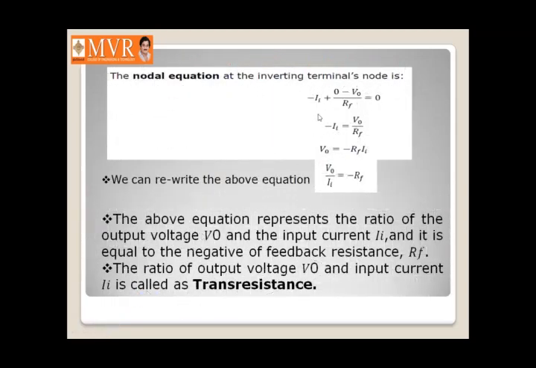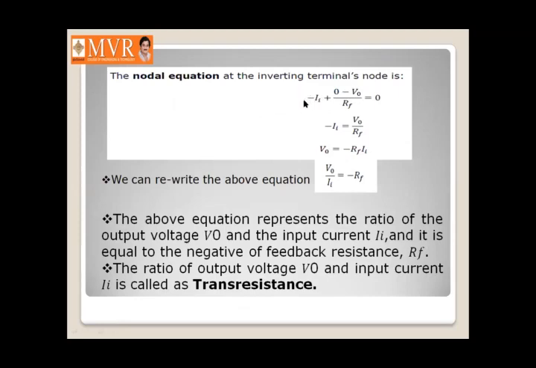By writing the nodal equation, you get minus II, that is the input current, plus 0 minus V naught divided by RF.